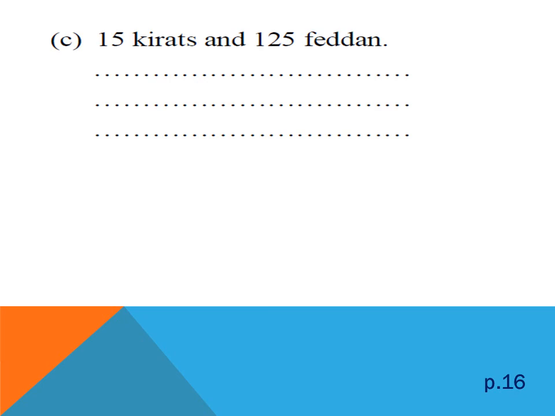15 kirats and 125 fidans. Here we have different units. The larger is fidan. I need to convert fidan to kirats. Multiply 125 by 24 and rewrite the ratio again. 15 kirats to 3000 kirats.